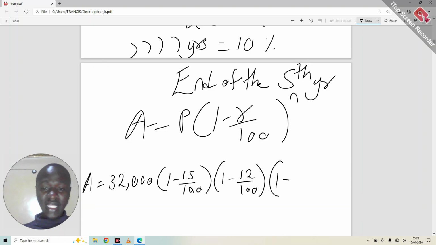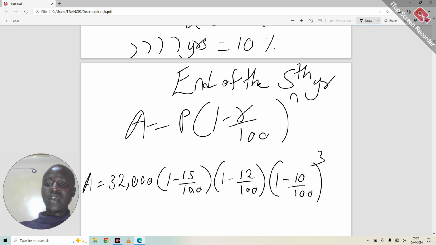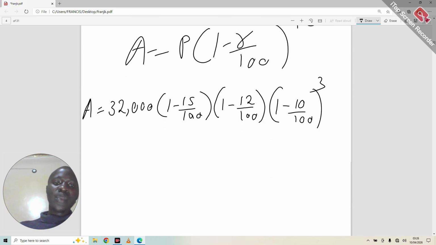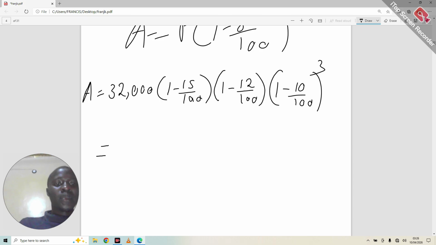Make sure you think there before you tackle various parts of the question. If we have first year and second year covered, how many years are remaining? If we have a total of 5 years, 3 years are remaining. So we have there 3.